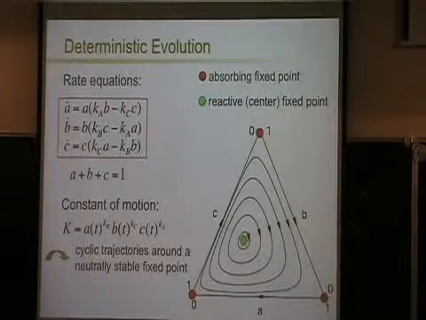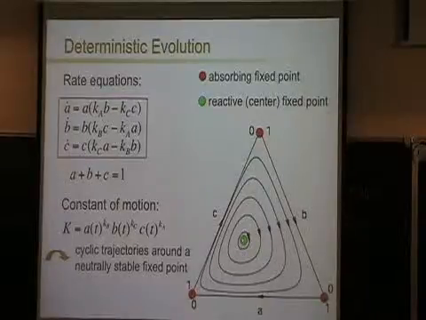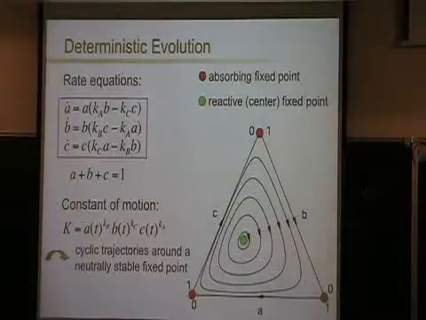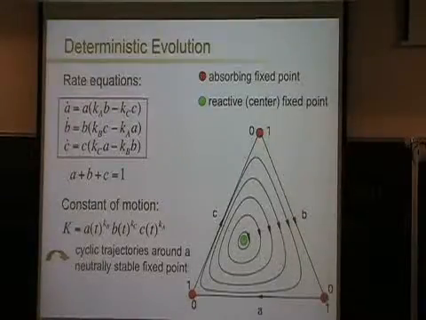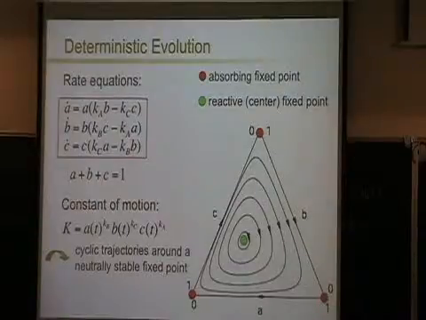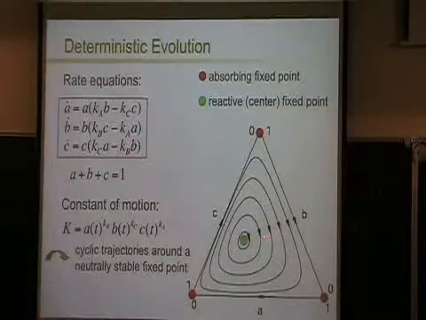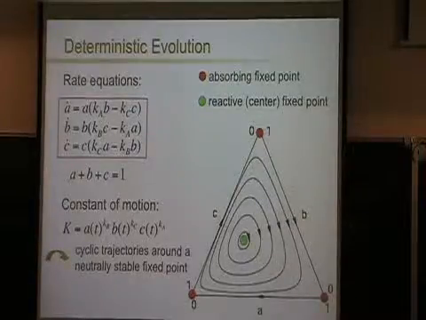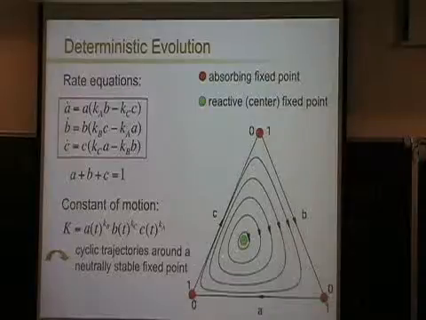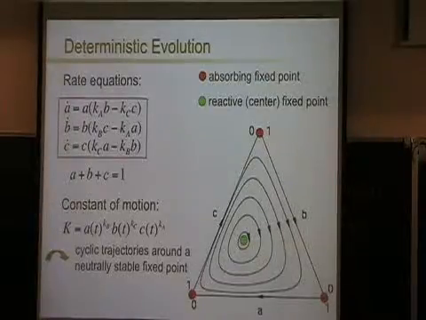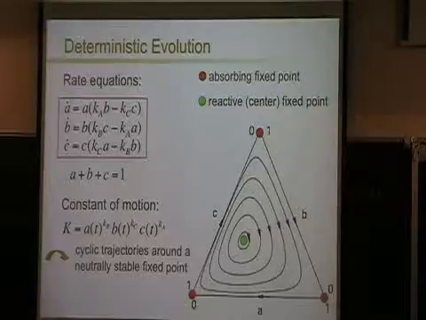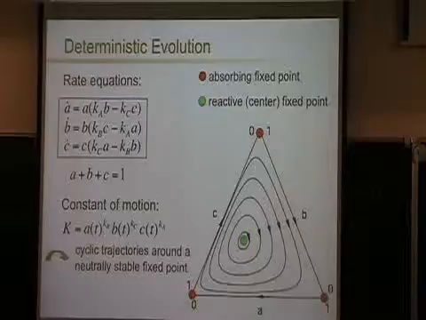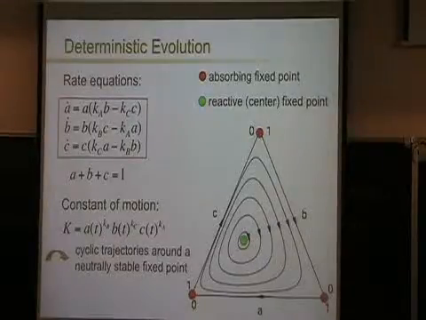So the important observation you should make here is that you do have circles. That means that the dynamics is on a completely flat landscape. There is no force pushing you away or towards the fixed point or the absorbing boundaries, unless you are at the edges of the simplex here. So that puts this example into the neutral process where I have an extinction time proportional to n naught.